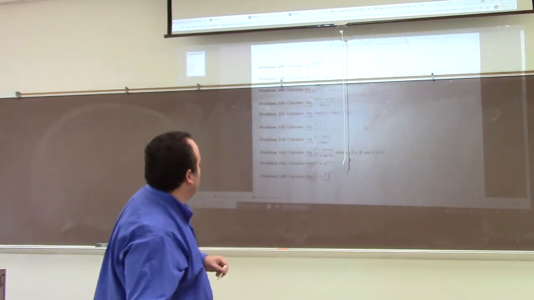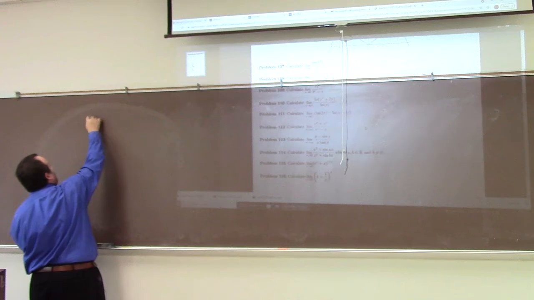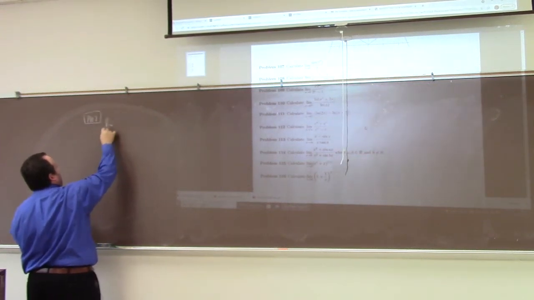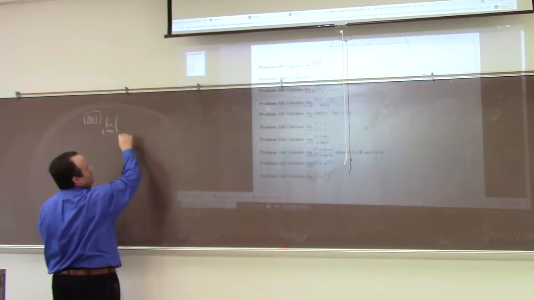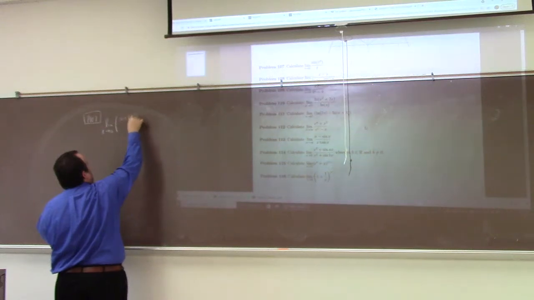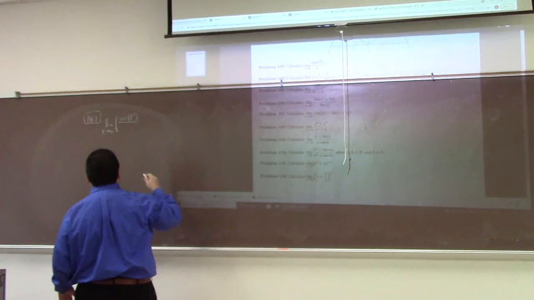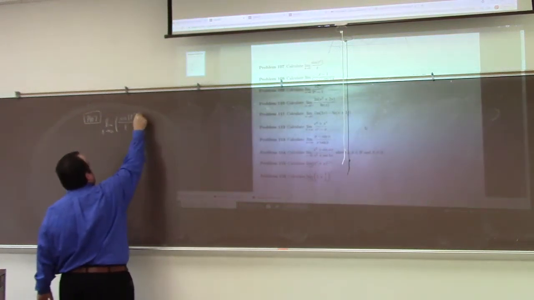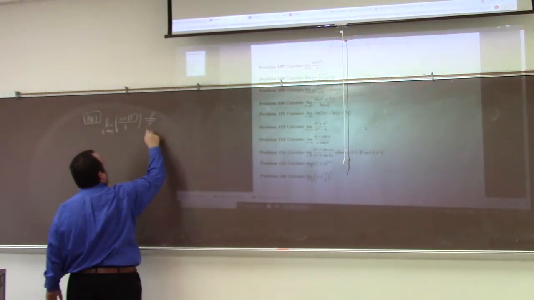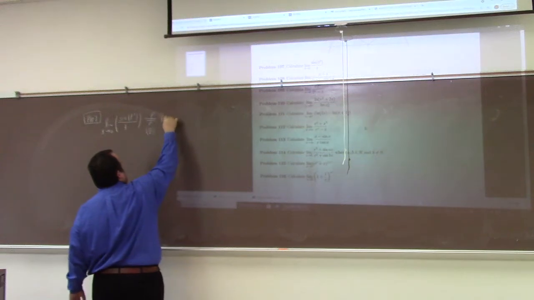All right, so 107. We've got the limit as t goes to 0 of sine of t squared over t. Can we apply L'Hopital's rule? What type is it? Very good. So applying L'Hopital's rule, what do we get?